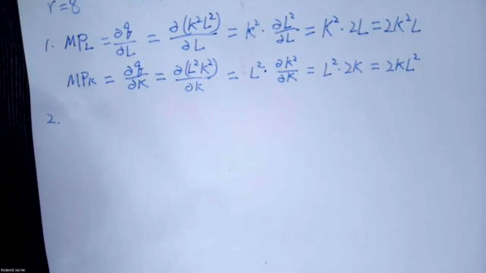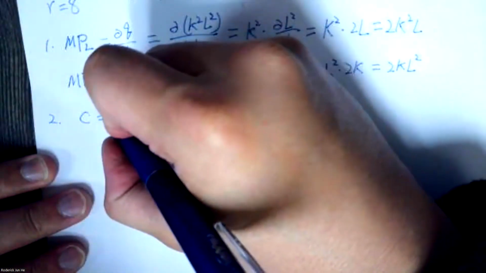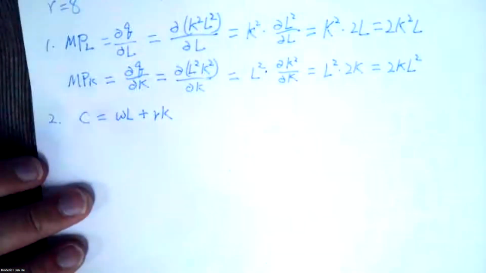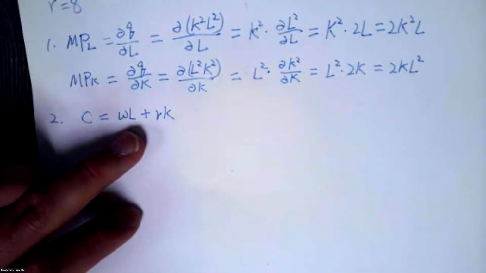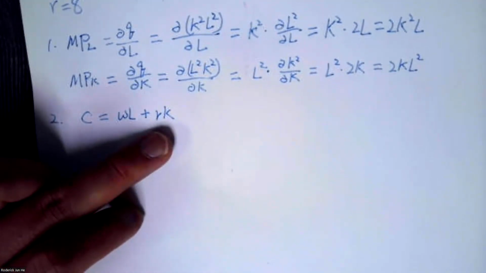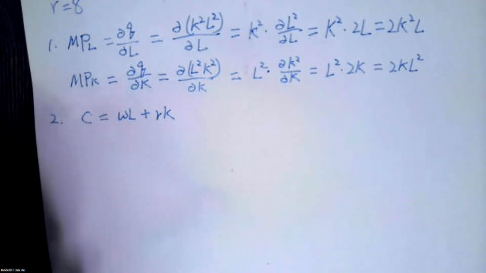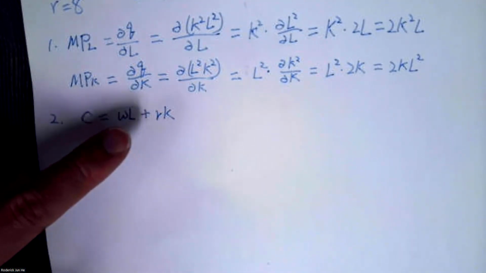So question 2: what is the expression of the iso-cost curve? C equals total cost, which is composed of the total cost spent on hiring labor and the total cost spent on purchasing facilities.